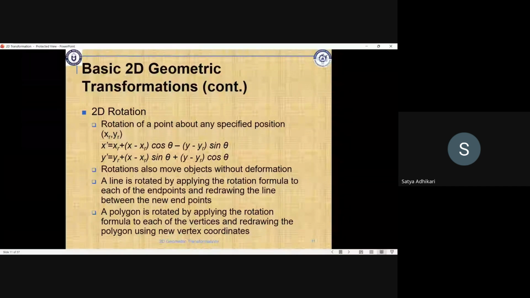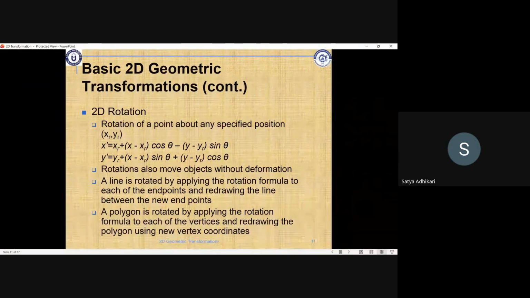Similarly, here you rotate only the vertices of a polygon and then rejoin it. You need not apply the rotation formula to each of the points. If there is a pentagon which contains 5 vertices, you have to apply the rotation formula to those vertices only.